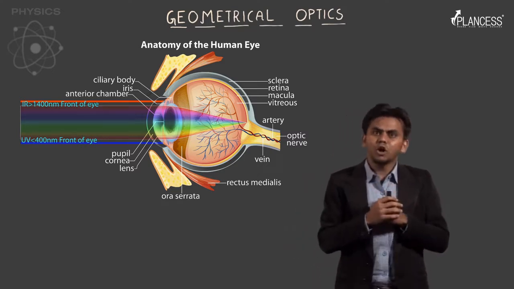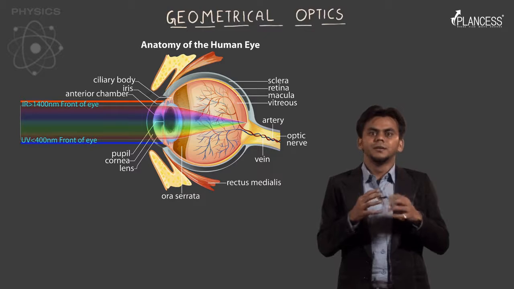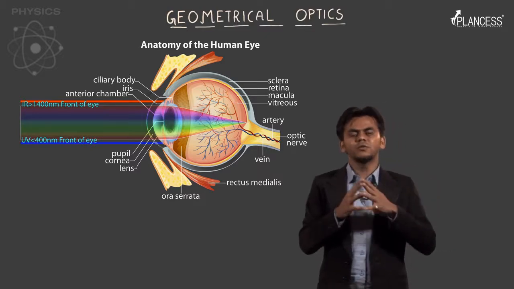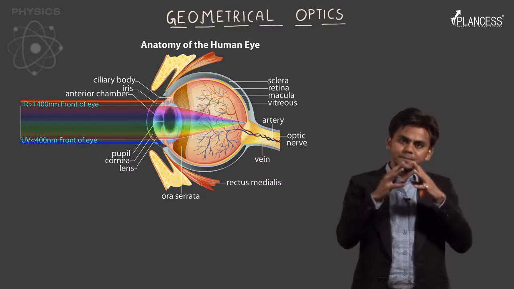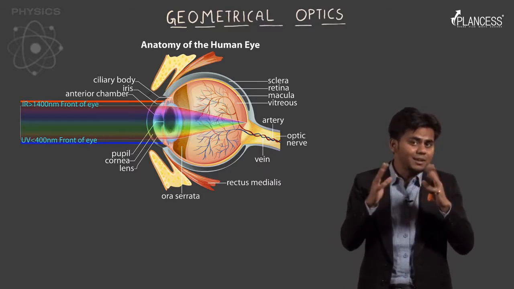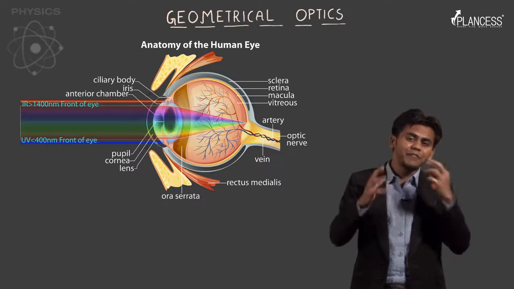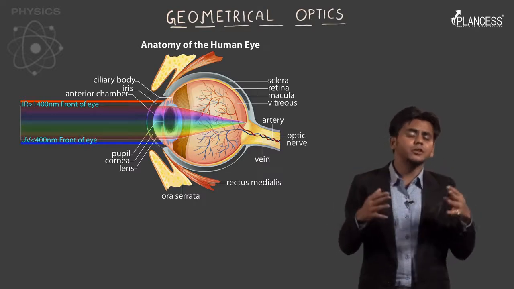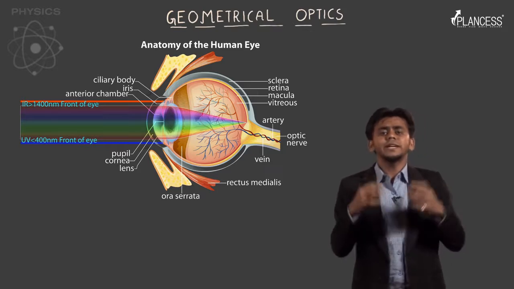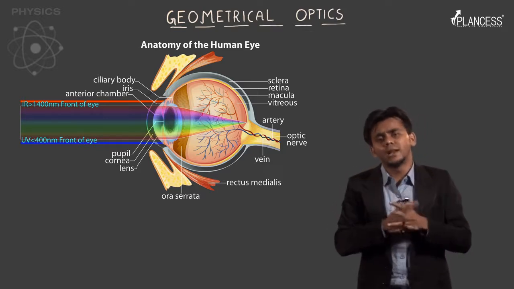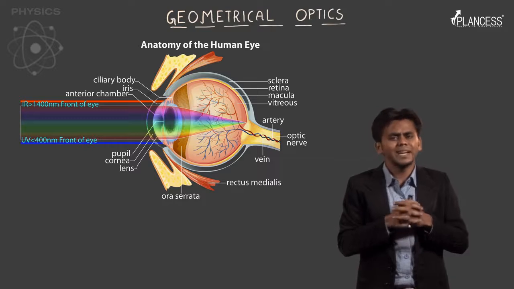Now, if the objects are nearer, then my rays won't be parallel and I'll have to converge them. So I'll have to change my focal length. I'll have to decrease my focal length, right?